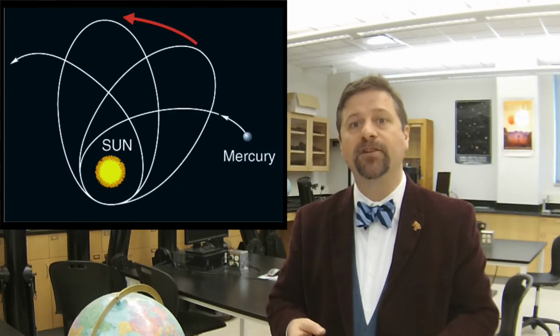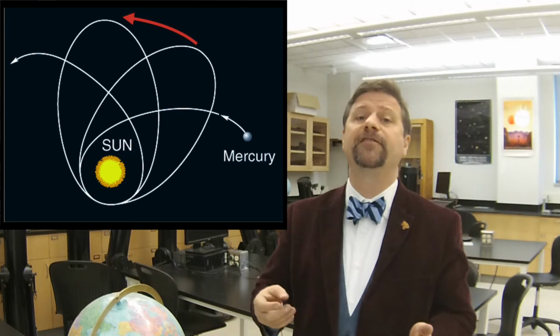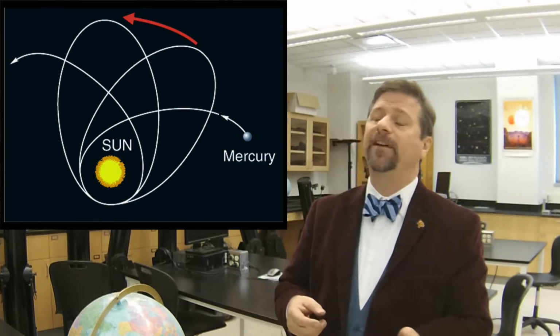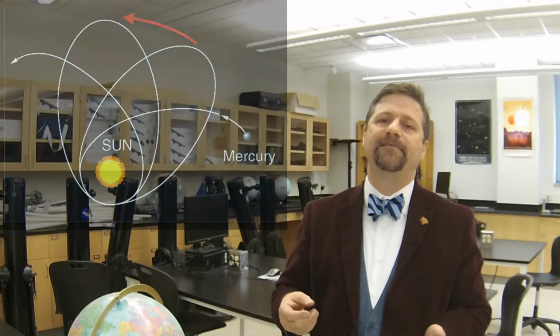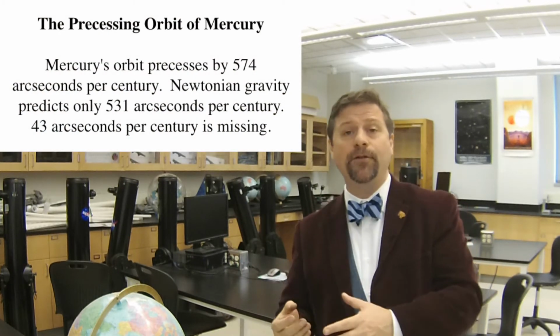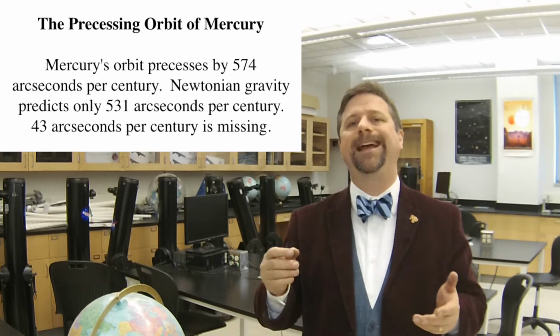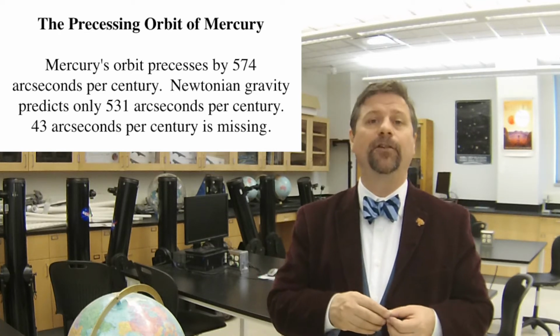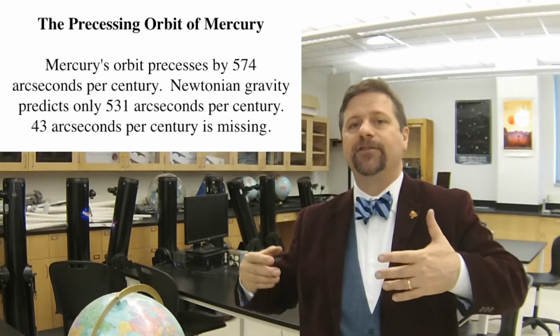All right, so this is a great idea, but what does it predict? If you combine space and time, the first thing I talked about last time was the precession of Mercury's orbit around the Sun. We found that Mercury's orbit precesses about 574 arc seconds per century. That's what's observed, but Newtonian mechanics only gets 531 of those arc seconds per century, and so there's a discrepancy.